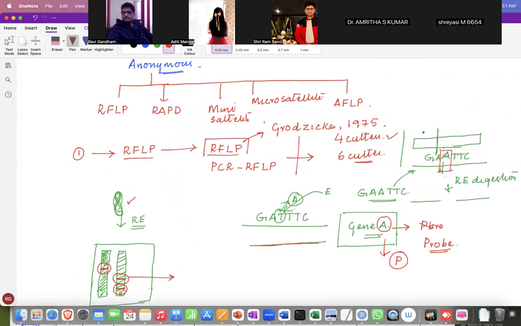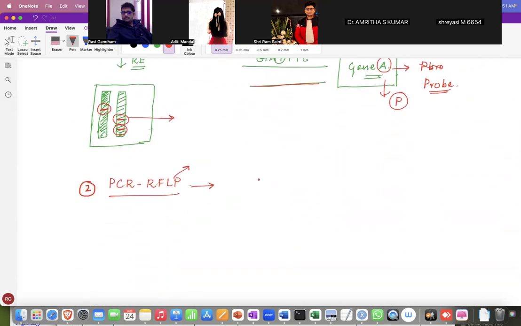So they used to amplify a fragment adjacent to this particular known site, right? And then let us say that fragment can have 500 base pair, the amplicon or the amplification product. Now you have this 500 base pair fragment.